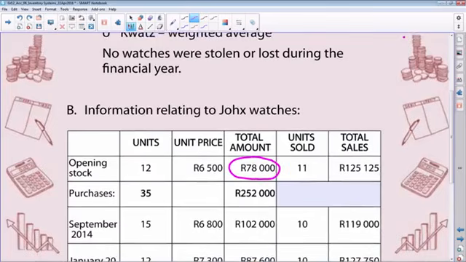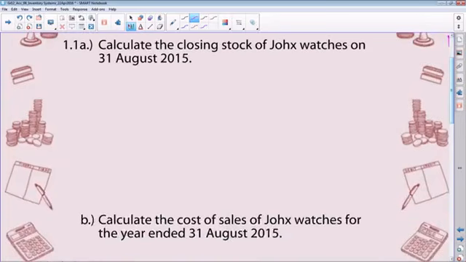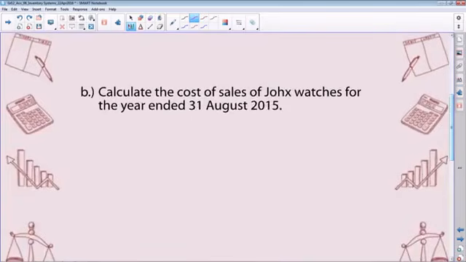Remember, that came from 12 units at 6,500, which gave me a value of 78,000 Rand. Therefore, opening stock 78,000 Rand.